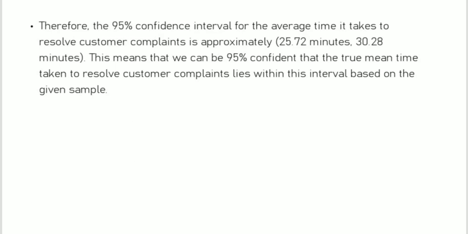This means that we can be 95% confident that the true mean time taken to resolve the customer complaints lies between 25.72 minutes and 30.28 minutes. That's all about this problem, and thank you.